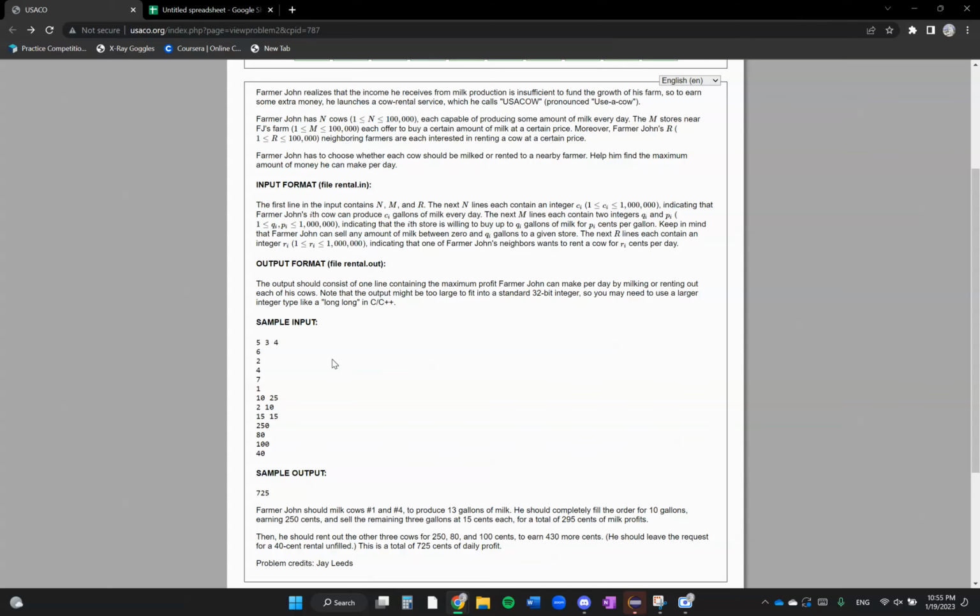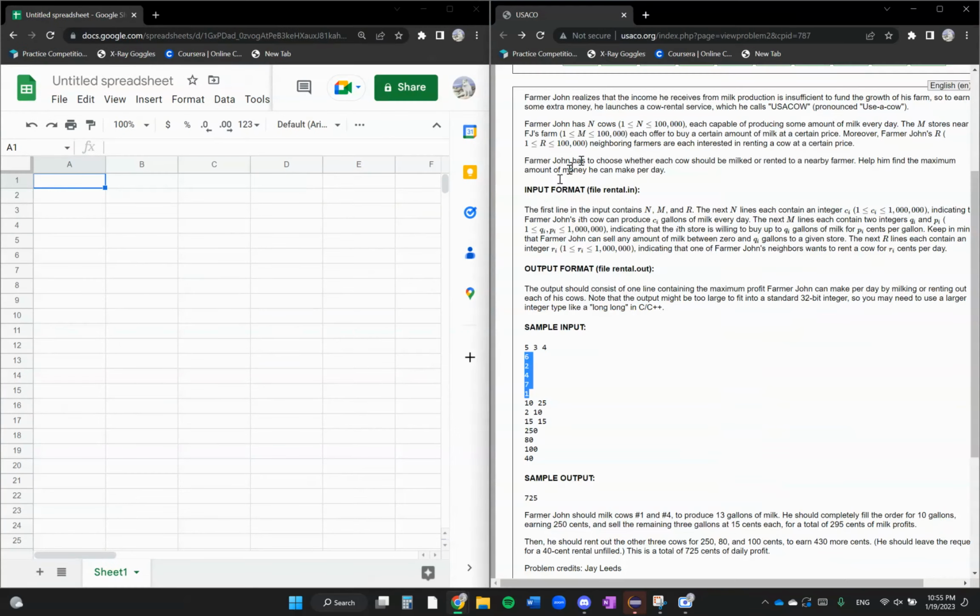And an idea that I got to solve this problem is, first, for each of these cows, we can just automatically say that we're going to be milking all of them. Never mind the fact that it might be more efficient to sell some of them, we're just going to be milking all of them. So I'm going to show this in a spreadsheet first.